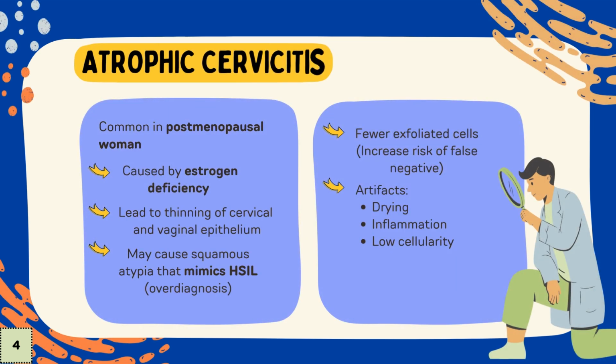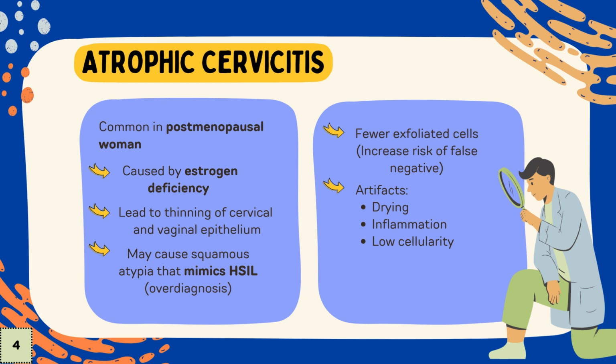Next, I'll be talking about atrophic cervicitis, common in postmenopausal women due to a significant decrease in estrogen level, which leads to thinning of the cervical and vaginal epithelium. One of the problems with atrophic changes is that they can mimic a serious condition, especially HSIL.